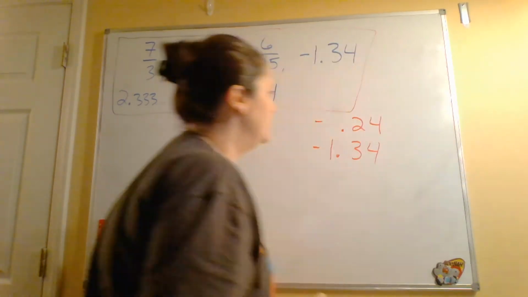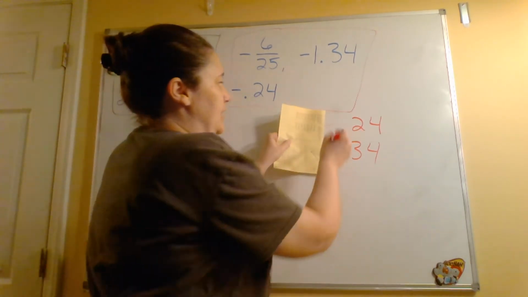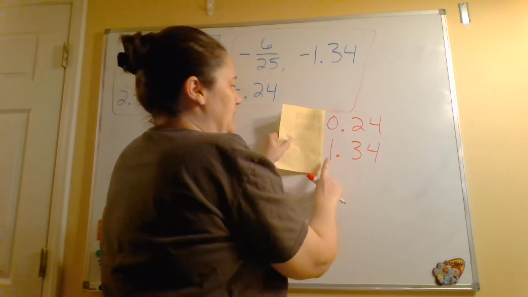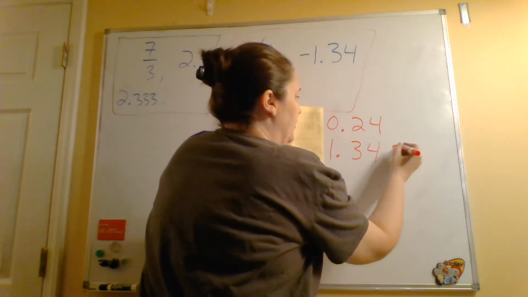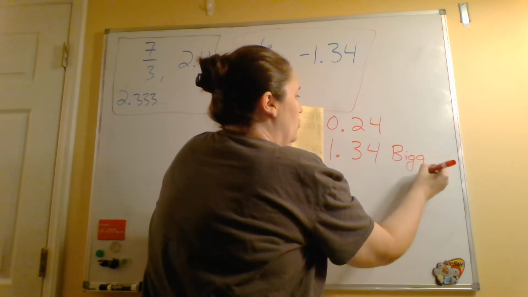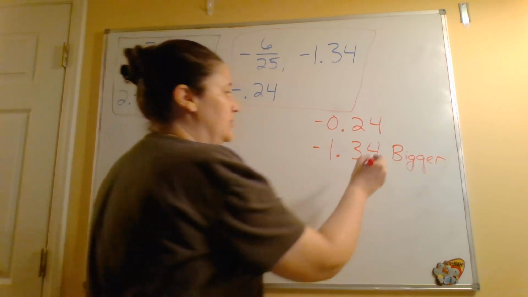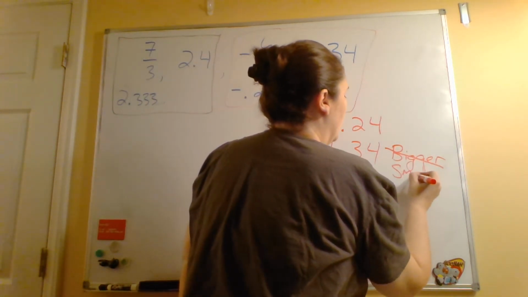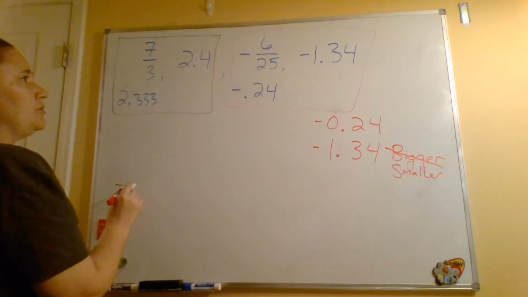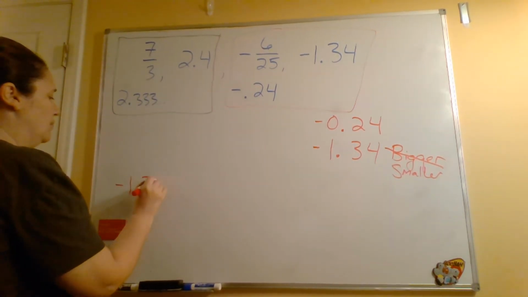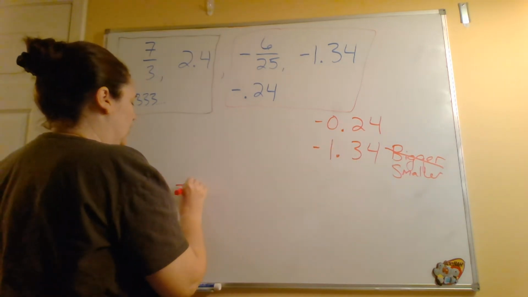Without the negative signs, this number has a 0 in the ones place. That number has a 1 in the ones place. So this one is definitely bigger without the negative signs. So with the negative signs, the bigger number becomes the smaller number. So negative 1.34 is the smallest number on our list. Negative 0.24 comes next.